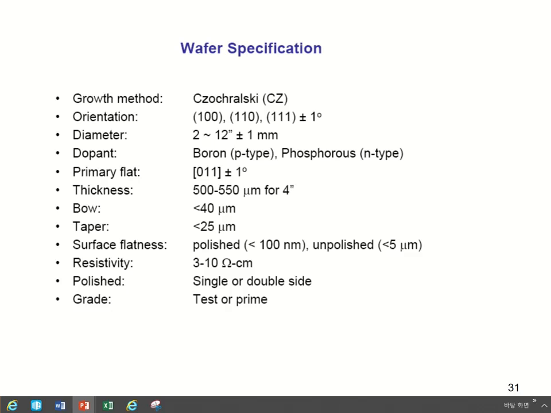So if you need backside etching, then you should buy the double-side polished one. For the grade, test grade is cheaper than prime, so you can build your fabrication procedure on test grade, and then eventually you can move to the prime grade to build your devices.